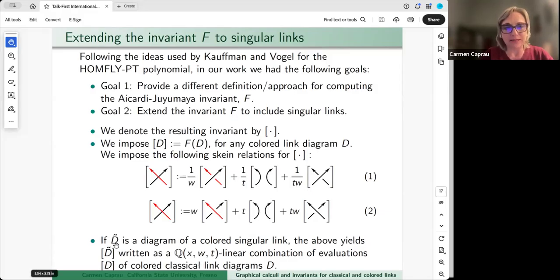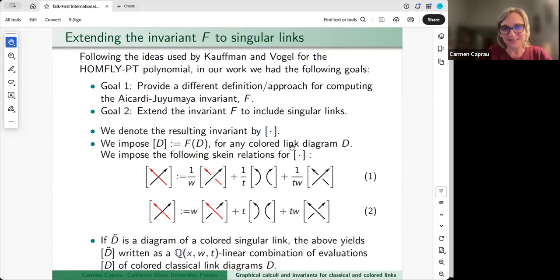So if I start with a diagram of a colored singular link, and I do this business above at every single singular crossing, then we get an evaluation of the original diagram written as a linear combination of evaluations of colored classical link diagrams. And we know what to do there because we already have that F is an invariant for colored links.